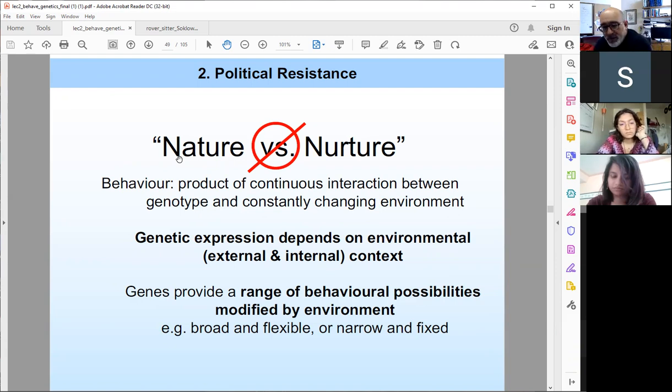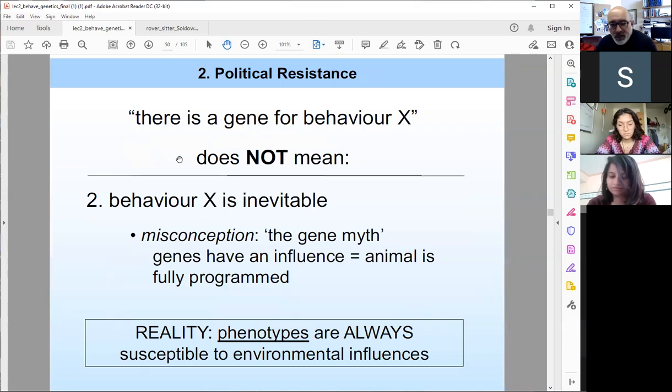Genes, as I've written here, provide a range of behavioral possibilities modified by the environment. Genes can provide a behavior that's very broad and very flexible, or very narrow and fixed. Behavior is not programmed by the genes, and I guess that's the point I'm trying to make.